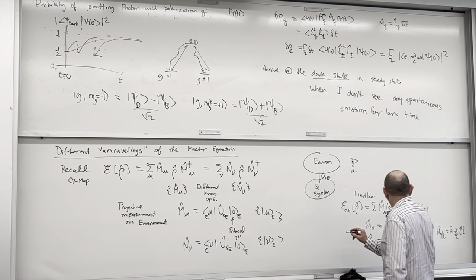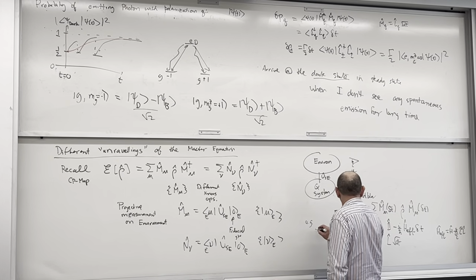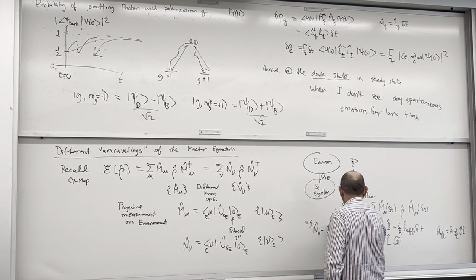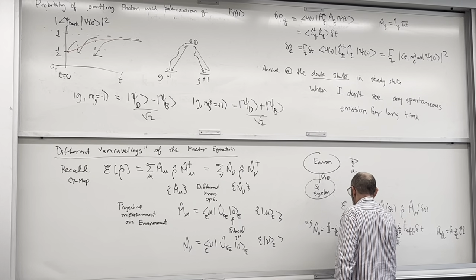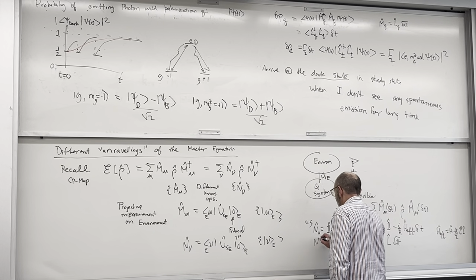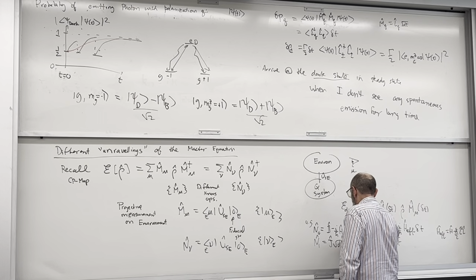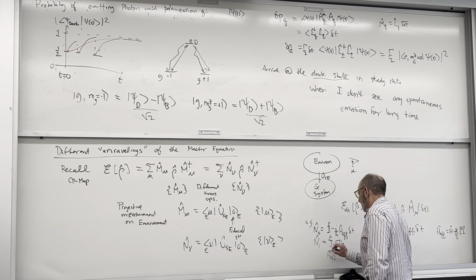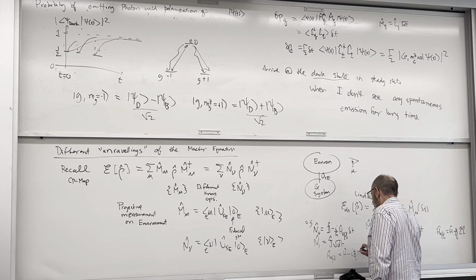I can also have a set of Krauss operators where N0 is 1 minus i H effective delta t, and N1 is J square root of delta t, where H effective is H minus i hbar over 2 J dagger J.